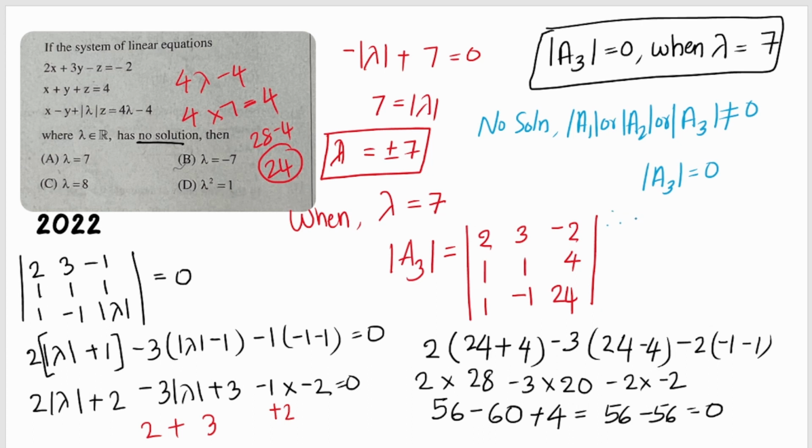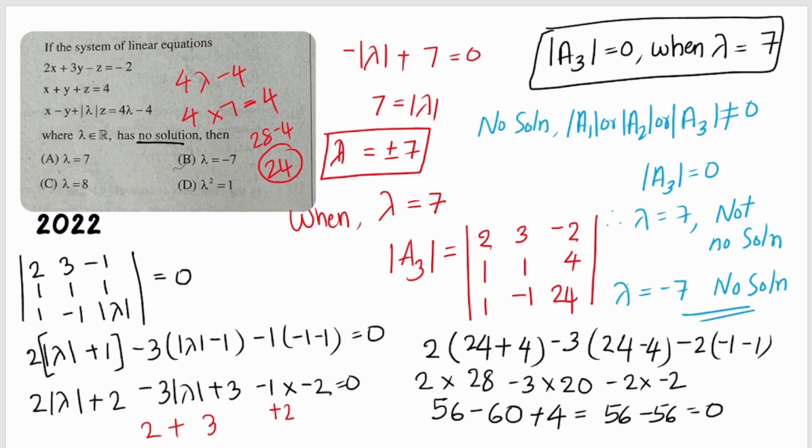Therefore, for lambda equal to 7, no solution is not possible. So lambda equal to 7 is not the no solution case. I hope it's clear.